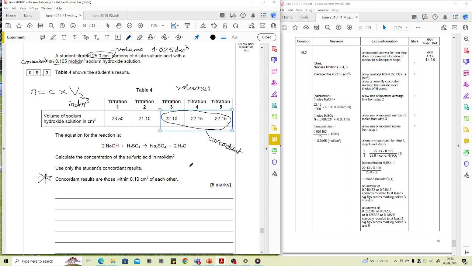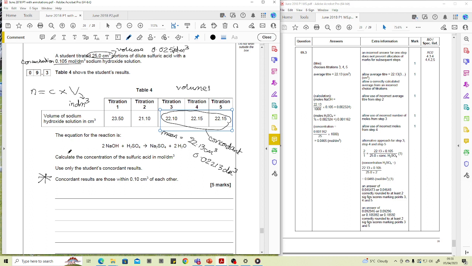And then our mean volume is going to be 22.13, and therefore that is 0.02213. Wait a minute, I've missed out a decimal place up here. There you go, 0.250. And this one is going to be like this.